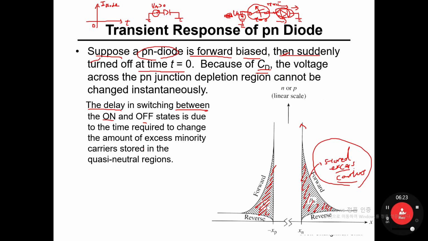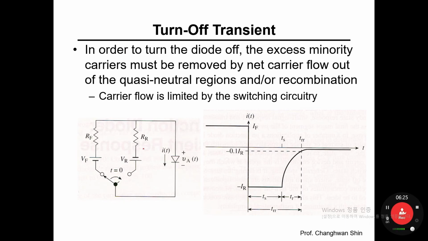Okay, so that is the main reason, and as we have learned, you may easily catch up on what I had said. So now let's do a deeper analysis of how to turn off the PN junction diode and what happens while the diode is turning off. As described in this lecture note, in order to turn the diode off, the excess minority carriers in the quasi-neutral regions must be removed completely. Then we can claim that this diode is off. So how do we remove those stored excess minority carriers in the quasi-neutral regions?